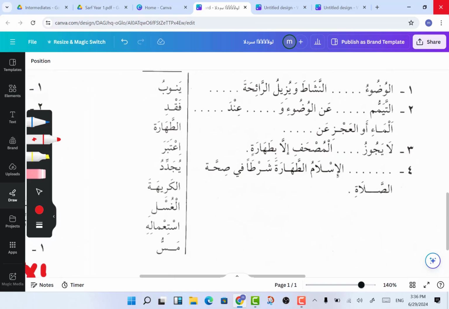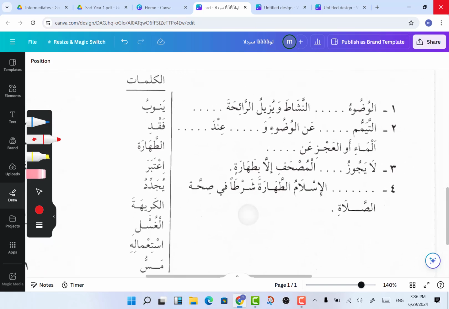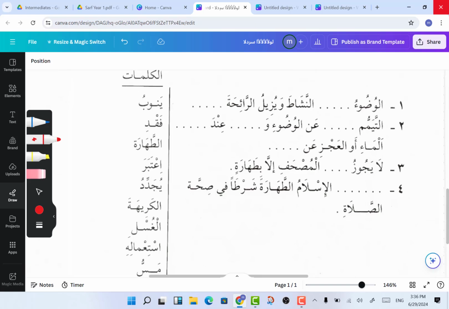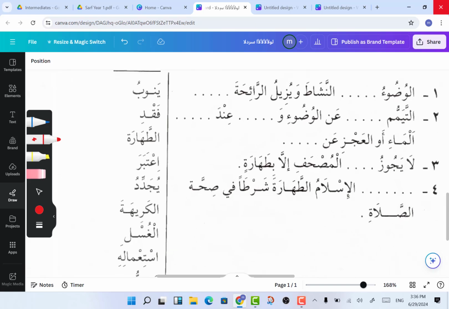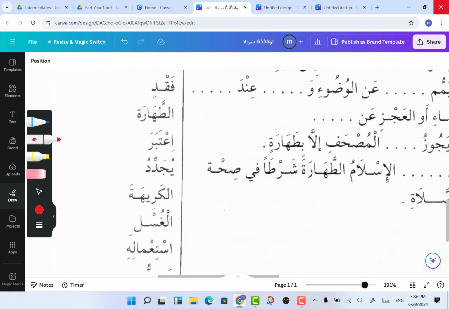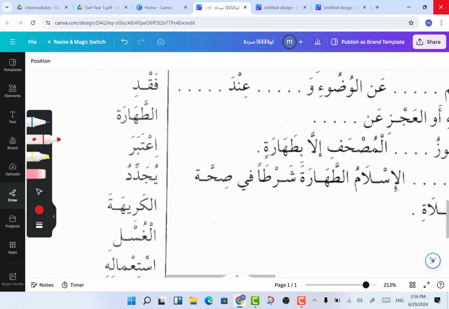So you say al-wudu, which of the options are you going to choose? Is it yanubu and nashat? We say no. Yanubu means to stay in place, representing the absence of something. At-tahar, no. Tabao, no. Yujadidu, that's the answer.